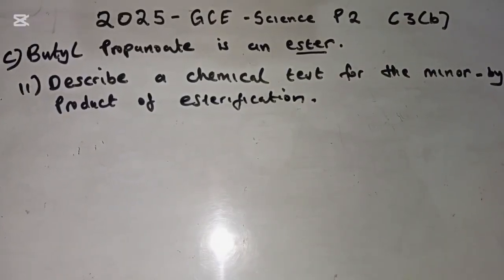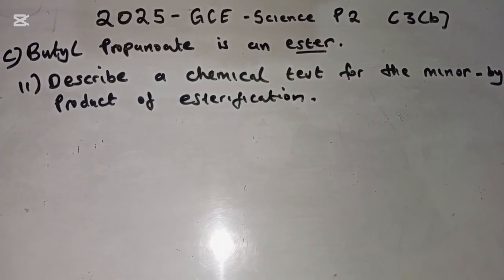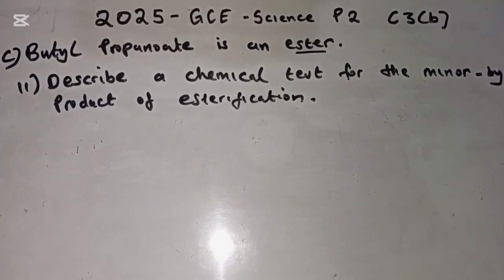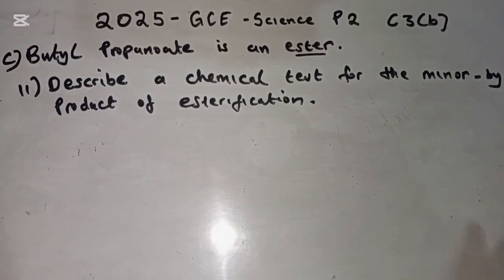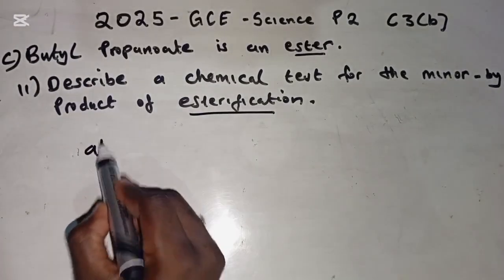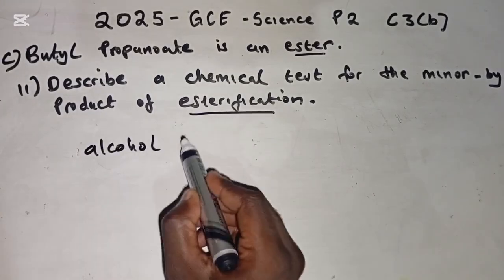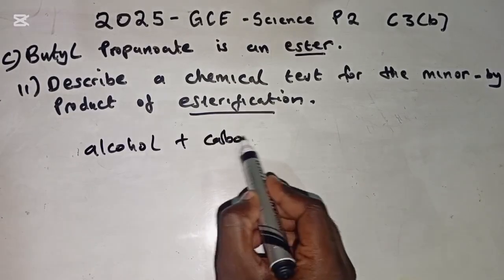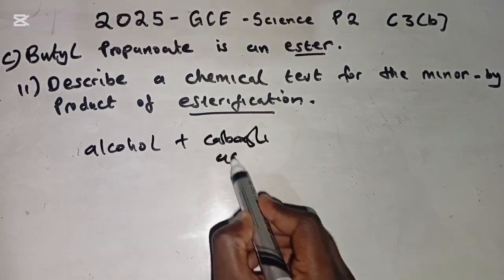Question C2 says, describe a chemical test for the minor byproduct of esterification. This was quite a confusing question, actually, if you don't understand. First, they're talking about esterification, and we said in esterification, you react an alcohol plus a carboxylic acid.